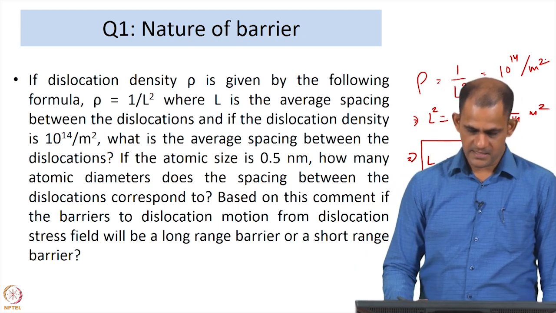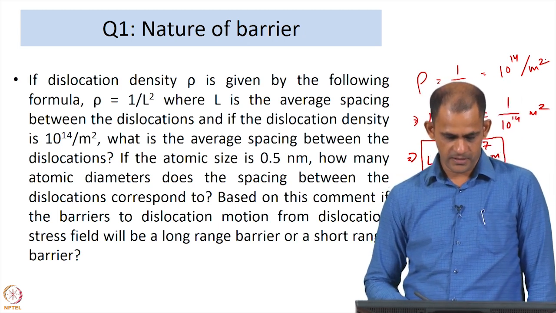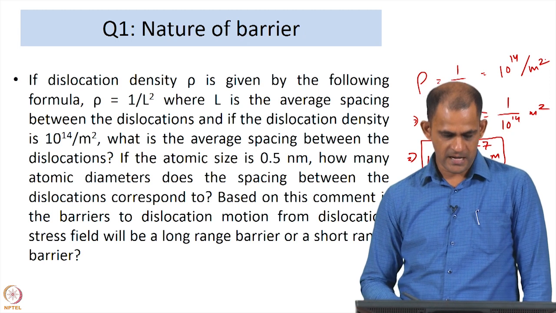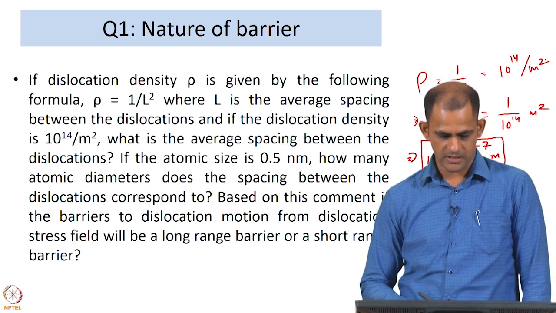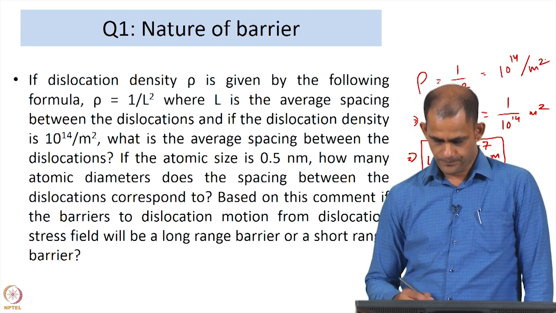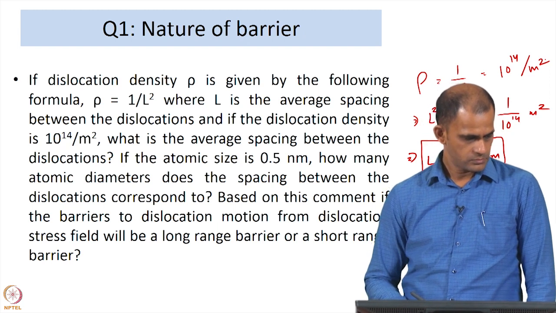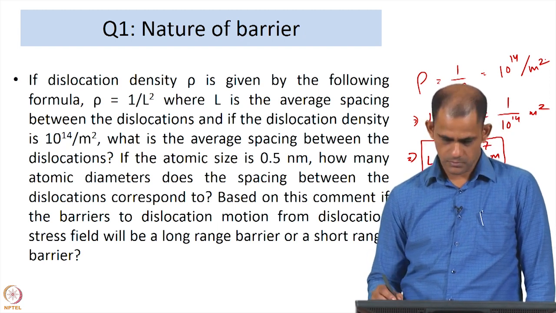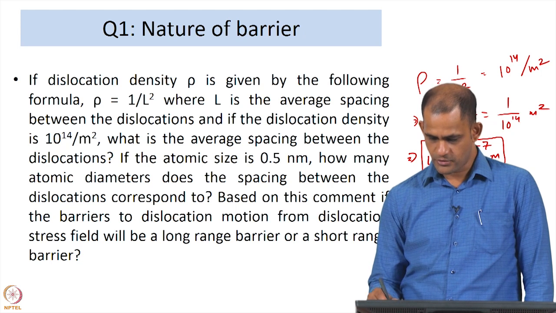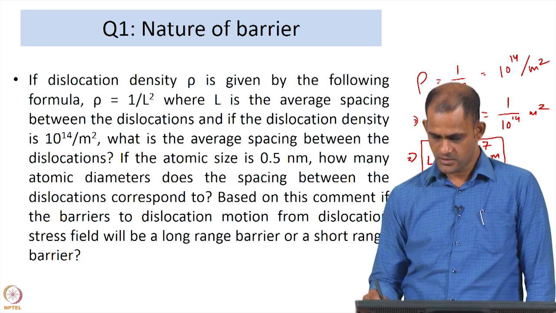Now, atomic size is 0.5 nanometer. So, how many atomic diameters does the spacing between dislocations correspond to? So, first let us convert this into nanometers. So, this is 10 to the power minus 7 into 10 to the power 9, that is equal to 10 to the power 2 nanometers.